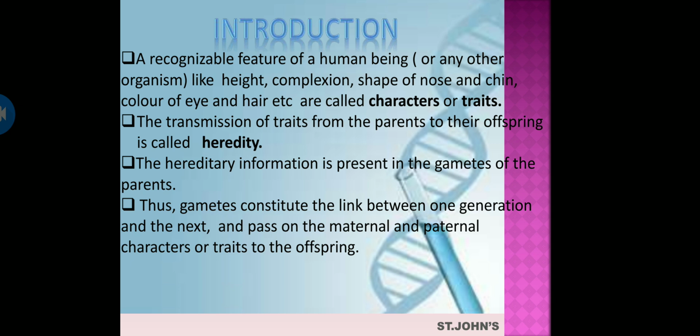And here we are going to get a few terms in this DNA. Coming to the introduction in this heredity, the first one: a recognizable feature of a human being or any other organism, like height, complexion, shape of nose and chin, color of eye and hair, etc., are the characters or traits.